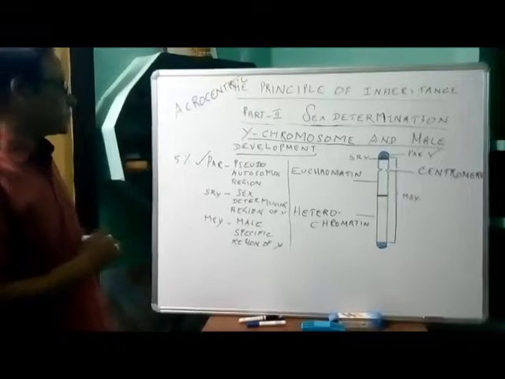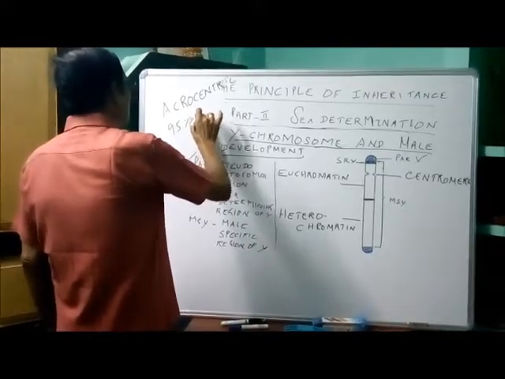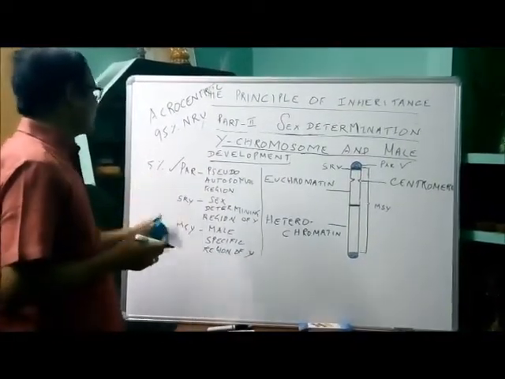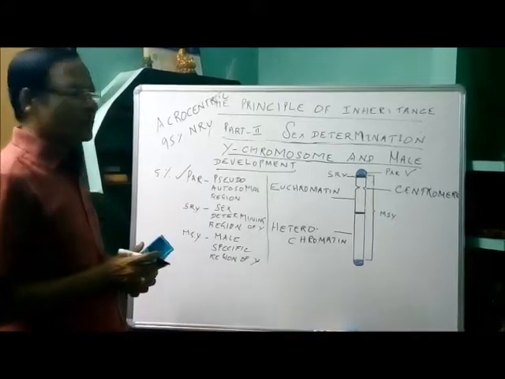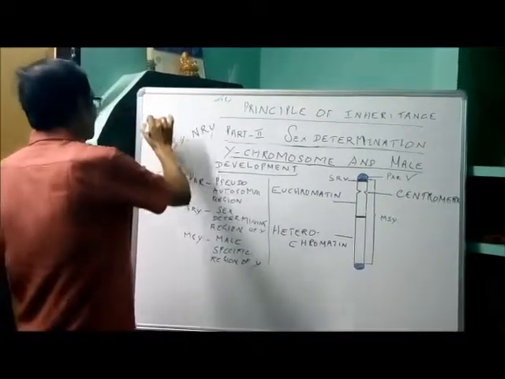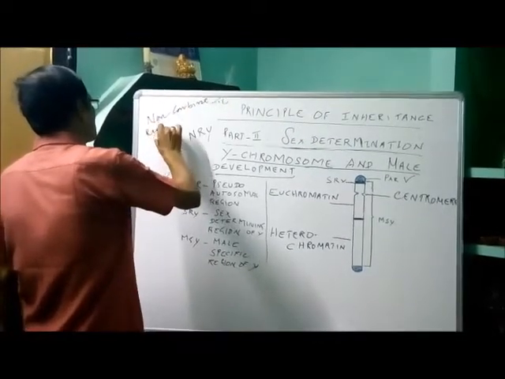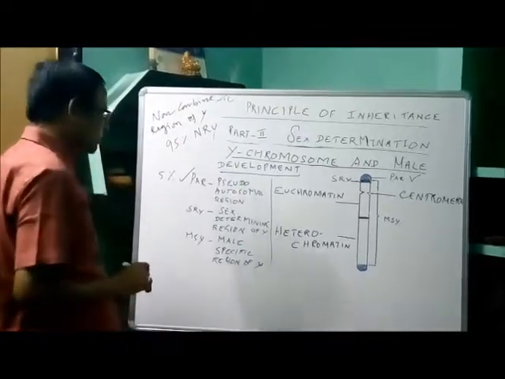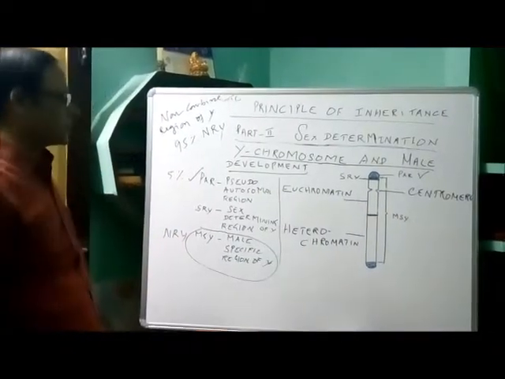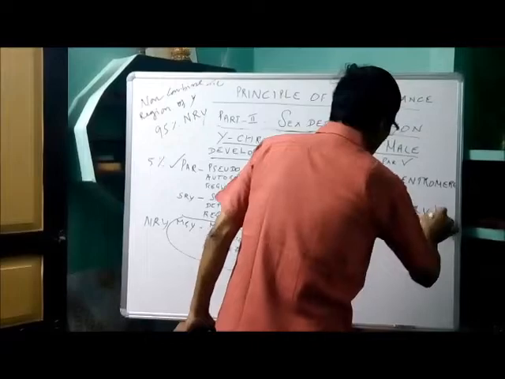The remaining 95% is called the non-recombining region, NRY, also called MSY: the non-recombining region of the Y chromosome.